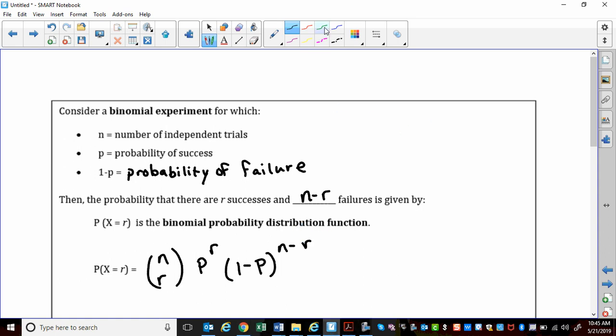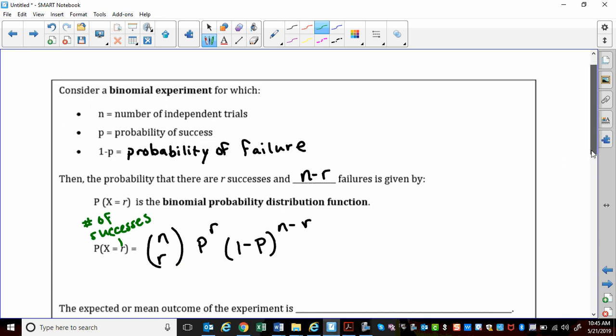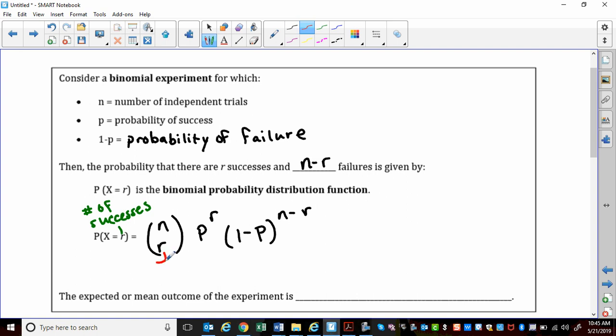Now, I'm going to show you what these mean. So this is the probability of successes right here. The number of successes. So keep this, it's very important. N choose R is how many ways. P is the probability of success.